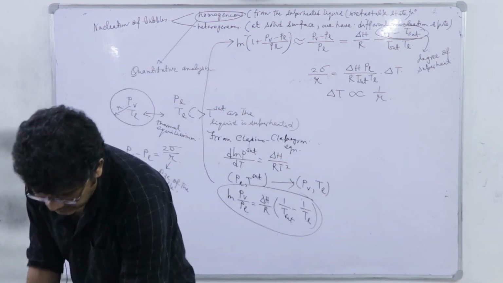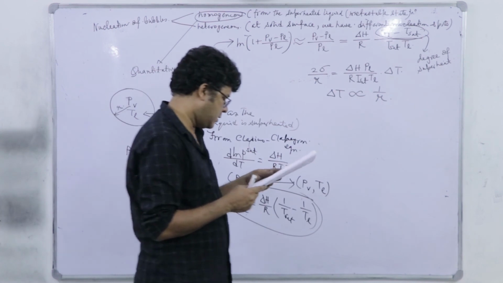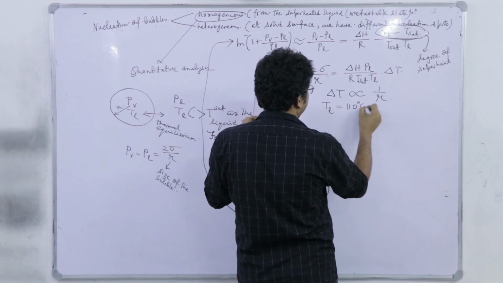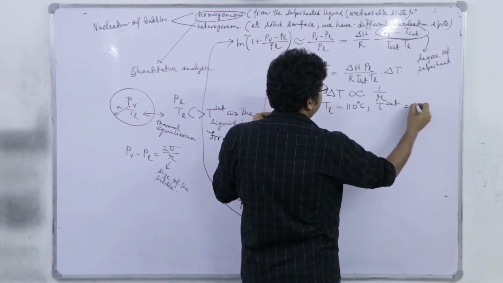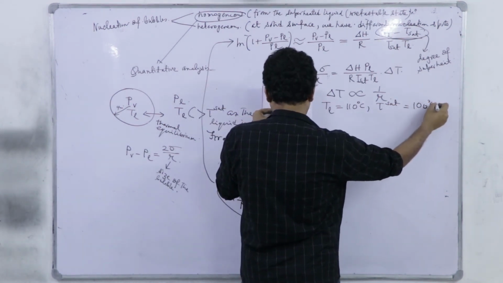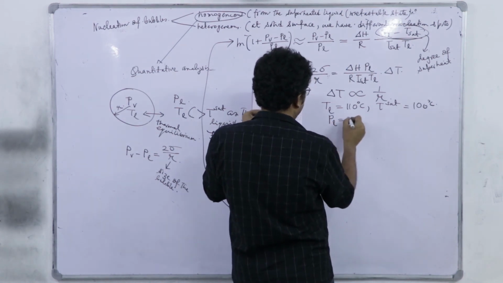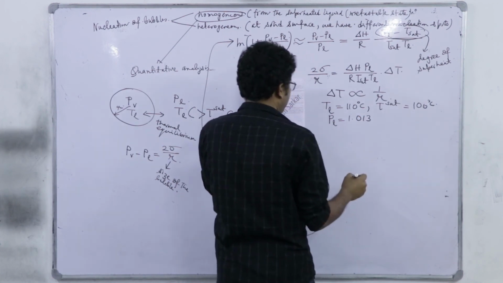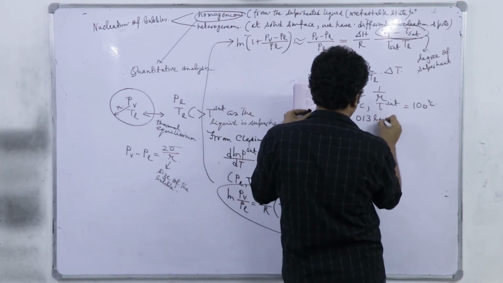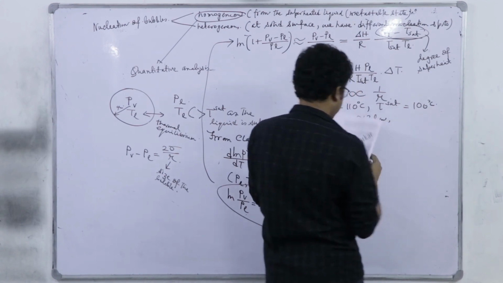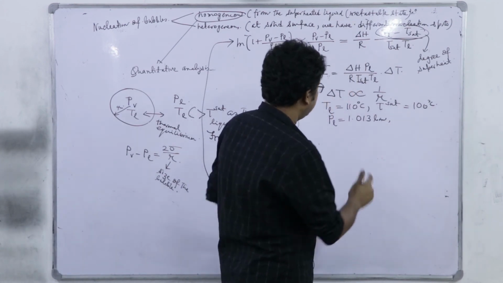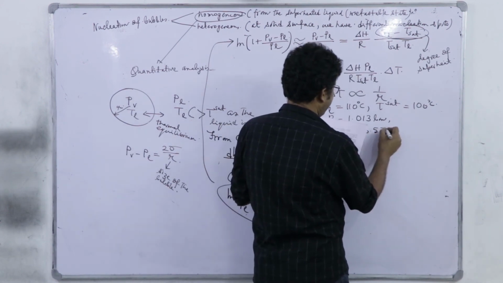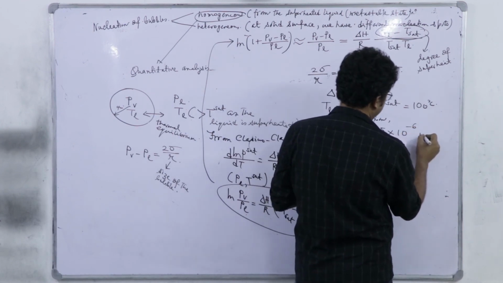Just as an example, if I have TL 110 degrees, T sat 100 degrees, PL definitely atmospheric pressure, 1.013 bar, and everything else constant, if you calculate, I will get r equal to 3.55 into 10 to the power minus 6 meter.